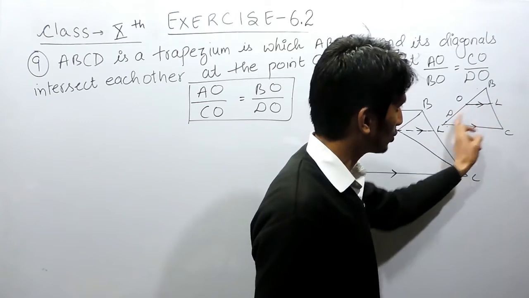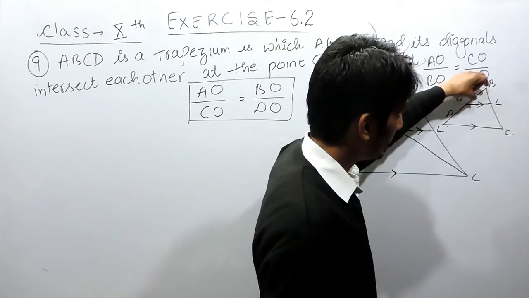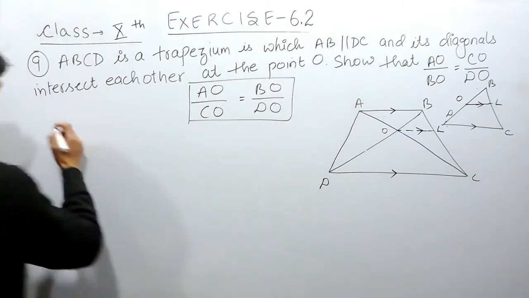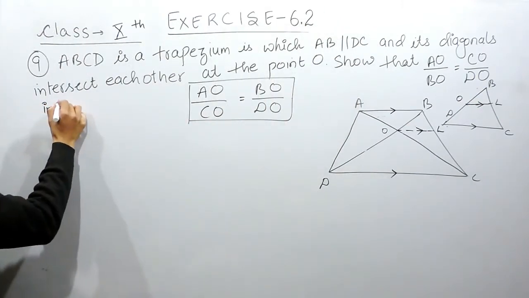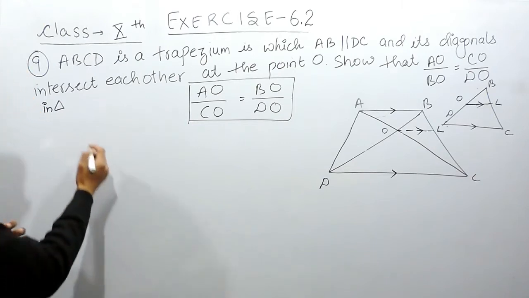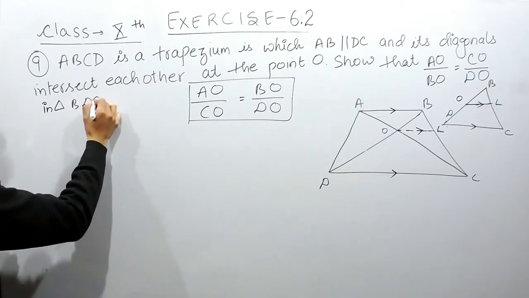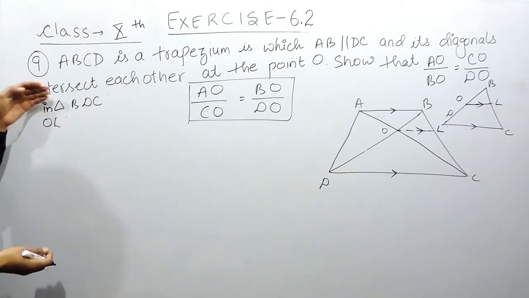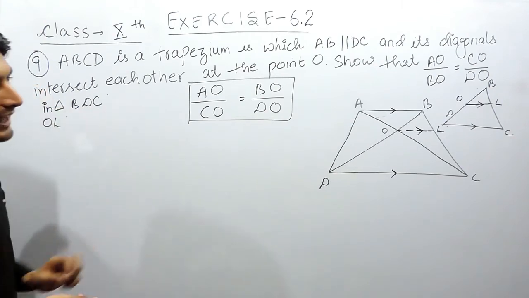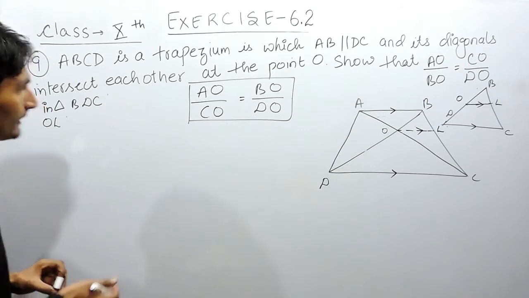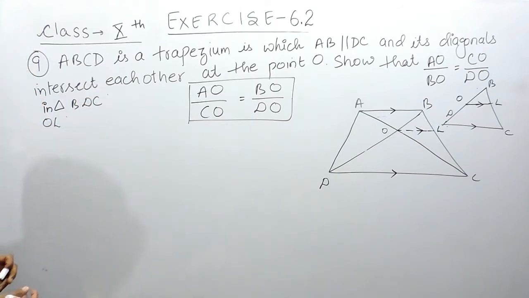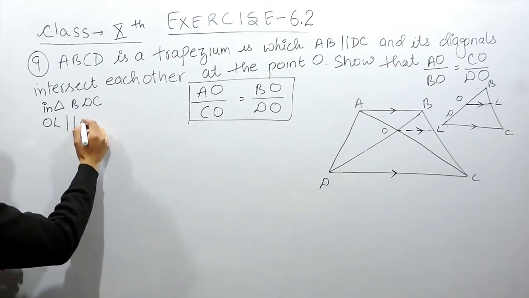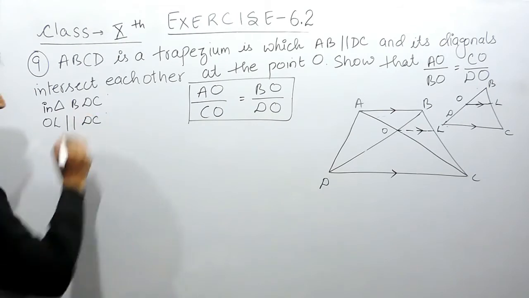Means if a line is drawn parallel to the third side, it must cut the other two sides in equal ratios. So, before this we have to write that we have constructed line OL which is parallel to DC. Then you have to write that in triangle BDC, OL is parallel to DC.